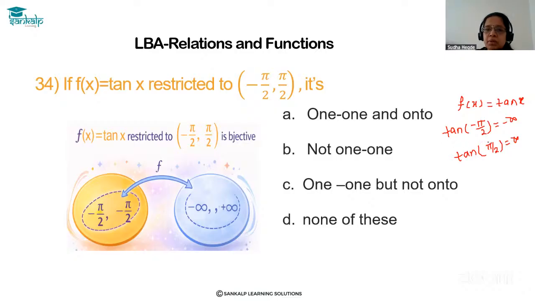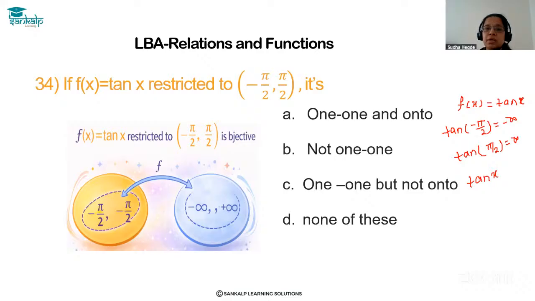And in between minus pi by 2 to pi by 2, distinct elements map to distinct images. So it is 1, 1. Since the range is minus infinity to infinity, it covers all the values. It is onto also. Okay, therefore tan x is in this domain only.